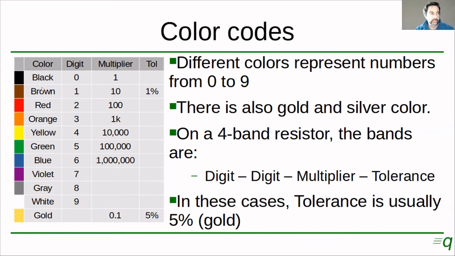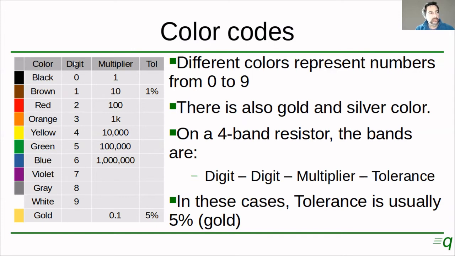Brown is a little bit lighter than black, and gray is a little bit darker than white. The colors in the middle are the colors of the rainbow: red, orange, yellow, green, blue, and violet. This represents numbers from 2 to 7.